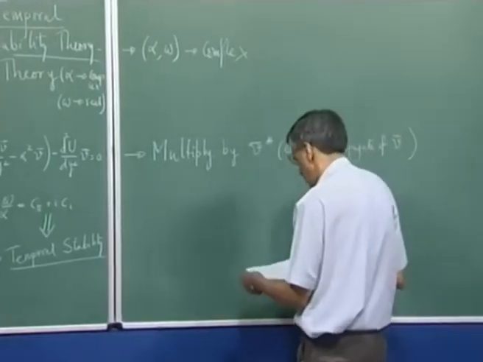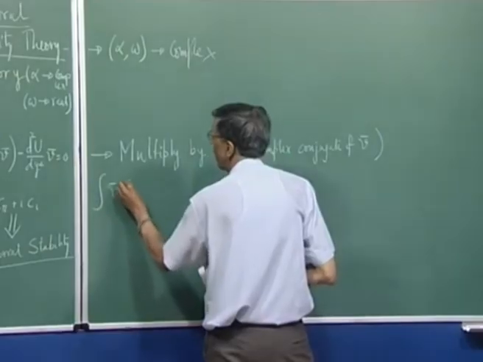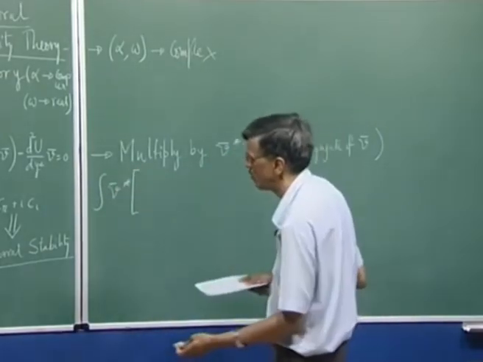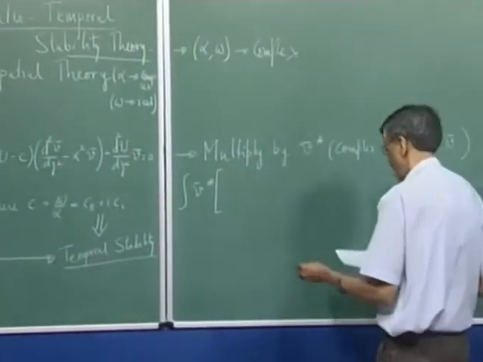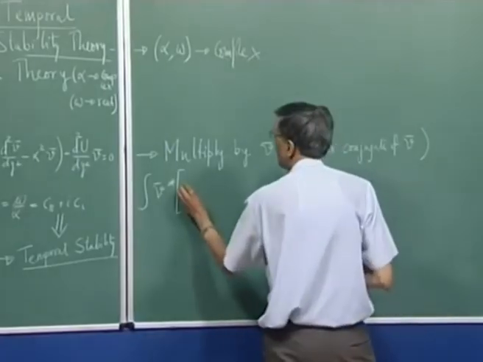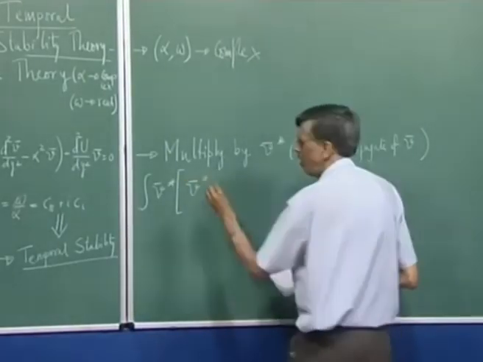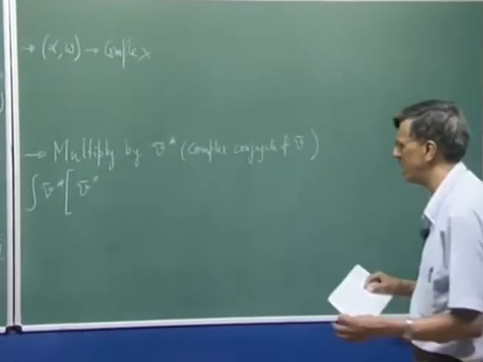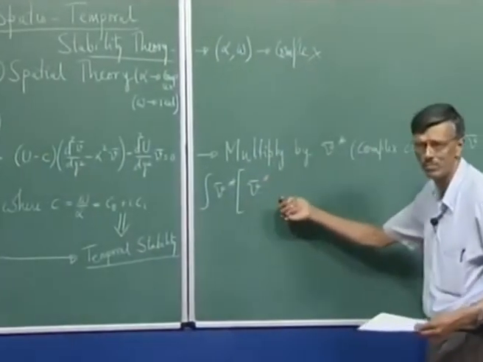So, basically we are investigating V bar star multiplied by, I will simply divide this equation by u minus c. And from now on, just for simplicity, I will introduce prime to indicate derivative. So, instead of writing d squared v by dy squared, I will simply write v bar double prime.